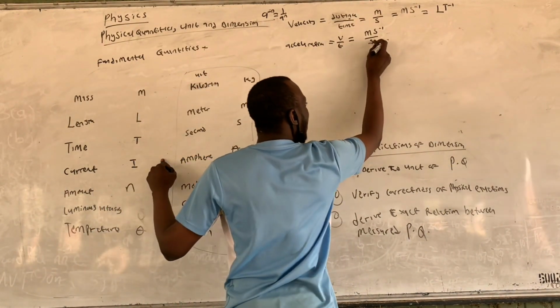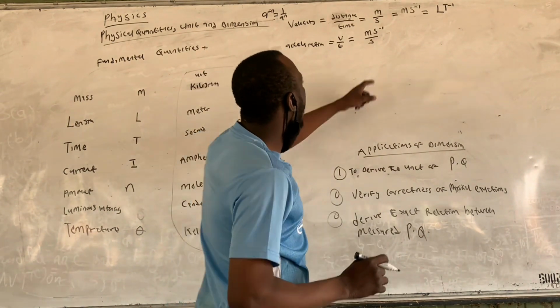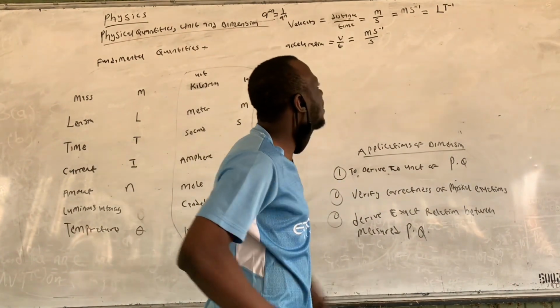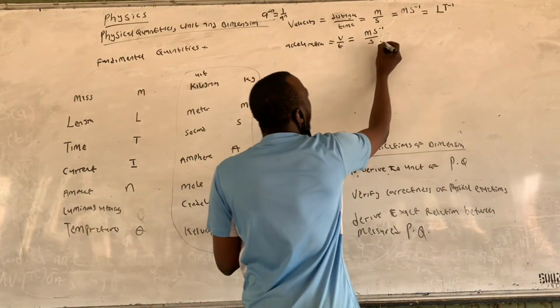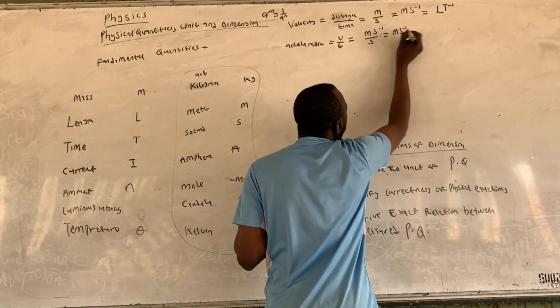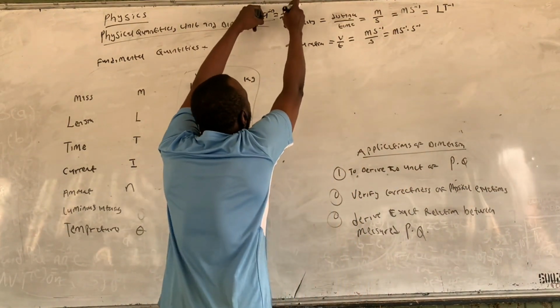So this s can still follow the same rule. Remember that we said if we have division between two bases, we subtract the powers. Now this becomes m s minus 1 times this one. This comes up, we have s to the power of minus 1 again. It follows the same rule.